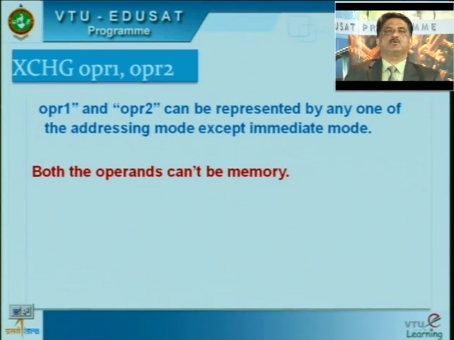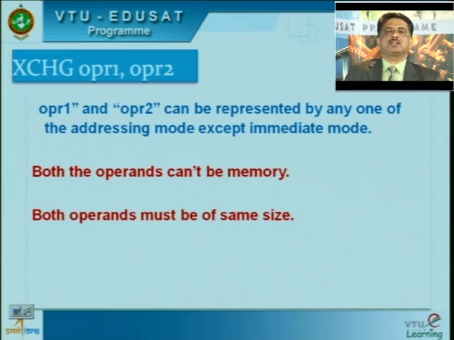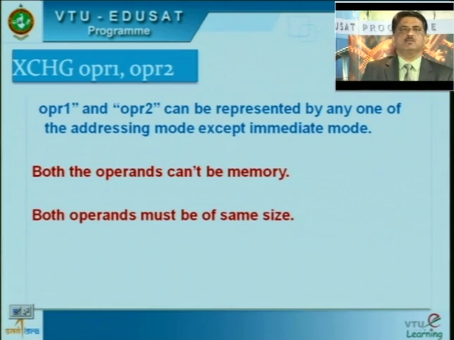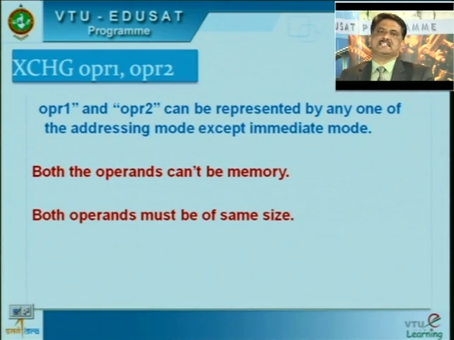So it could be a memory or a register, but both operands cannot be memory. In 8086 we have a limitation where we don't use two memory operands in a single instruction. Both operands must be of the same size. You cannot have one operand as 16 bit and another as 8 bit.